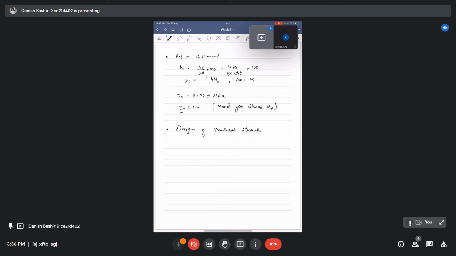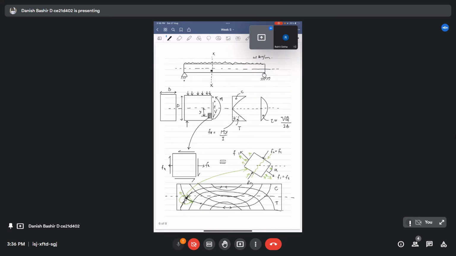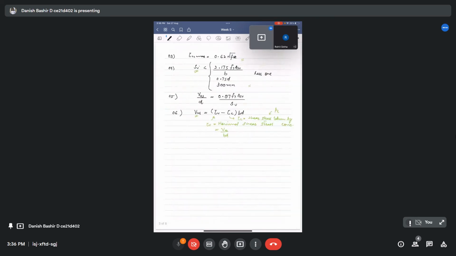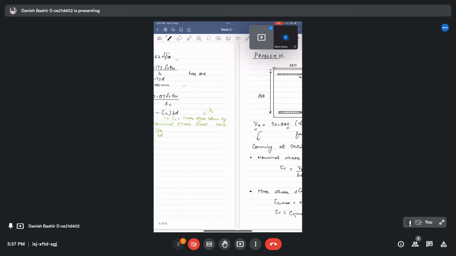Design of our vertical stirrups. VUS, I already wrote a formula here. VUS is the shear force carried by our stirrups.